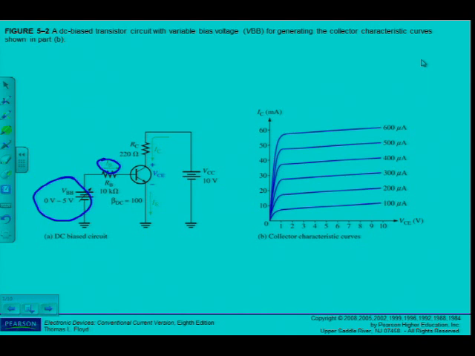IB, I can see here, as I increase VBB, I get all these different IBs. Okay. What do I know about IB? I know this formula. IC is equal to beta DC times IB.